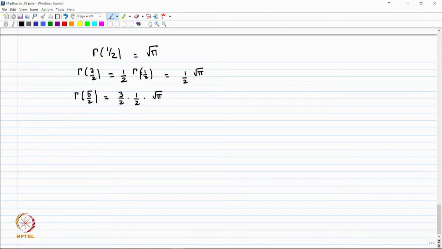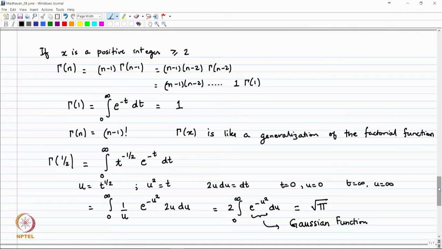Now let us just look back at this procedure. What we did in this substitution, we replaced t raised to minus half by u, and so that converted this to an integral over a Gaussian function. Now since you had t raised to minus half, this u cancels with this u.